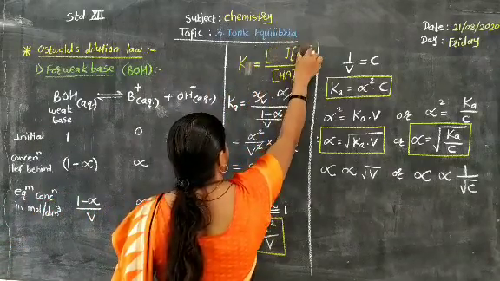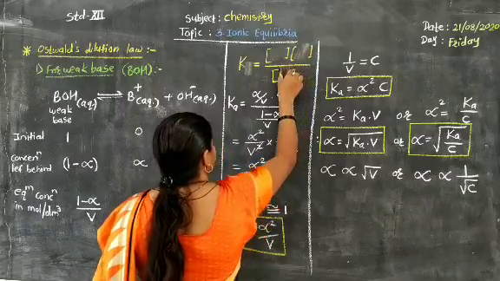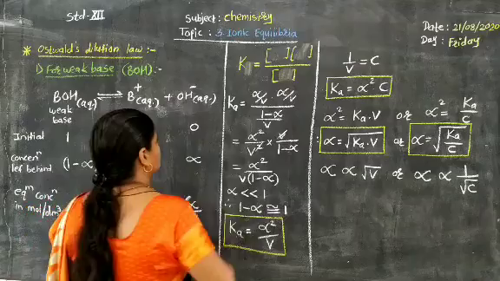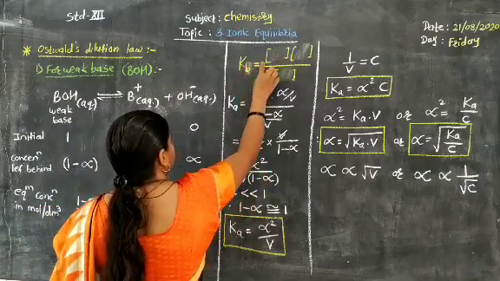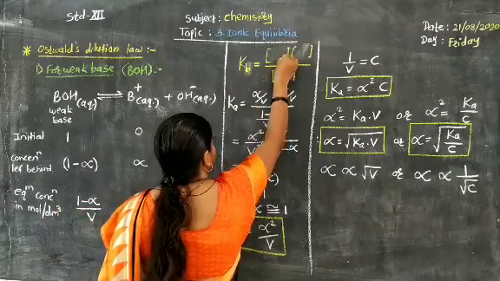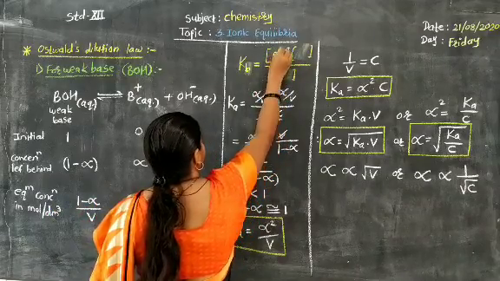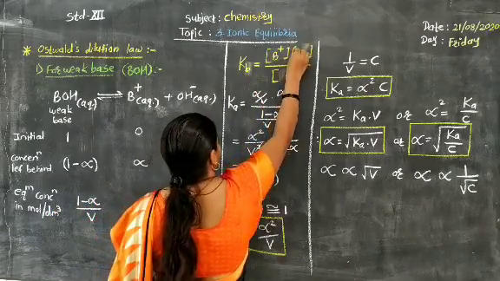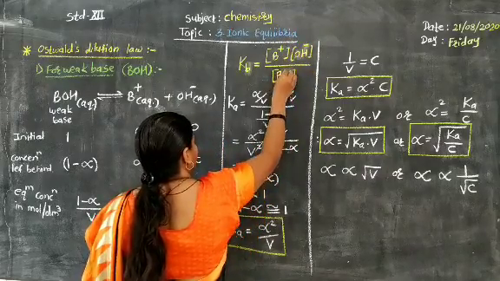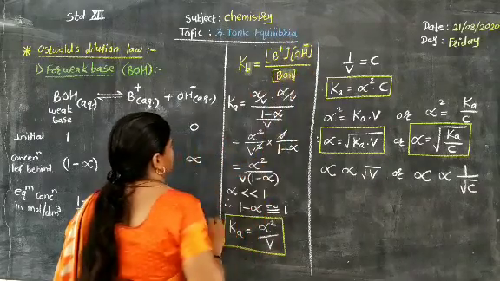Dissociation constant of weak base can be given as Kb is equal to, by applying law of mass action, equilibrium concentration of B plus into equilibrium concentration of OH minus divided by equilibrium concentration of BOH.